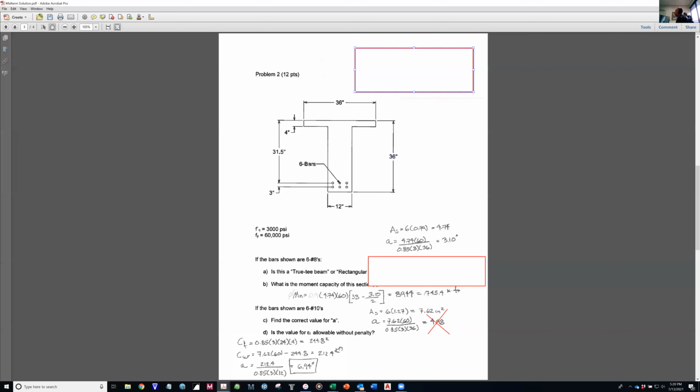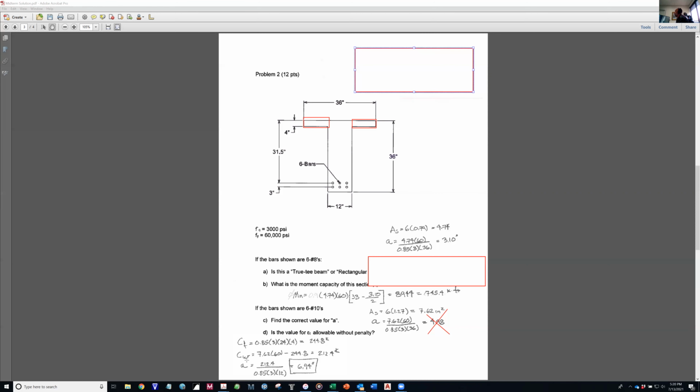So the total compressive force in the overhanging portions, in this part and this part, is 244.8.